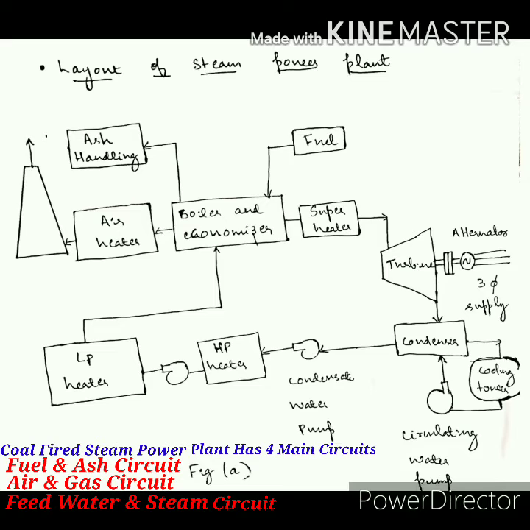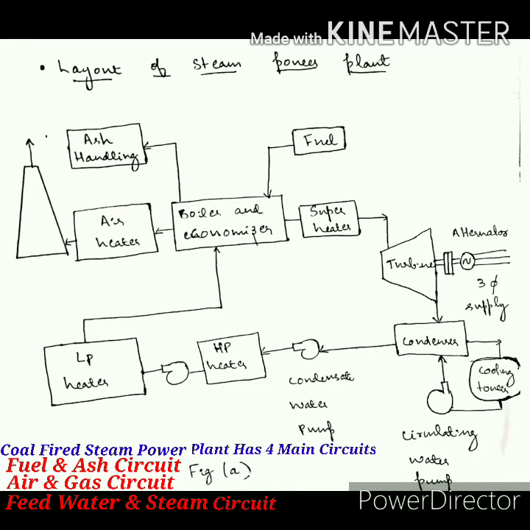The use is that some portion of the steam from the turbine we can convert into water again and use it again. Now it is fed from the LP heater to the boiler where the combustion process takes place, and again the temperature and pressure of the steam is increased, and it is expanded in a turbine and produces mechanical energy. It is further coupled to an alternator, because of which it is converted into electrical energy.